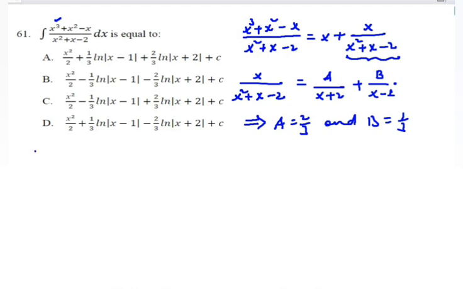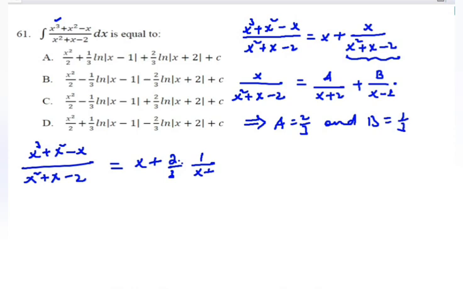Therefore, we can write x cubed plus x squared minus x over x squared plus x minus 2 as x plus 2 over 3 times 1 over x plus 2 plus 1 over 3 times 1 over x minus 1. You see, this rational expression can be decomposed in this manner.